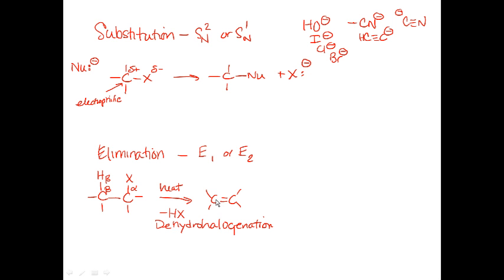That's the elimination product. Now this reaction can also occur by taking and reacting this alkyl halide with a base. And the base then will actually deprotonate the beta hydrogen, and then we'll lose the alpha halogen.